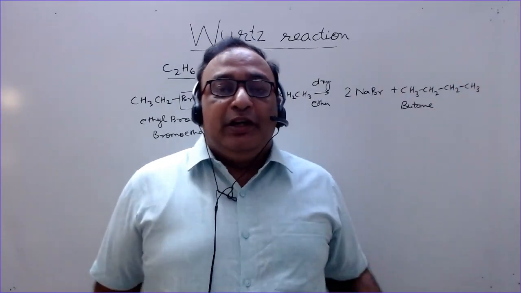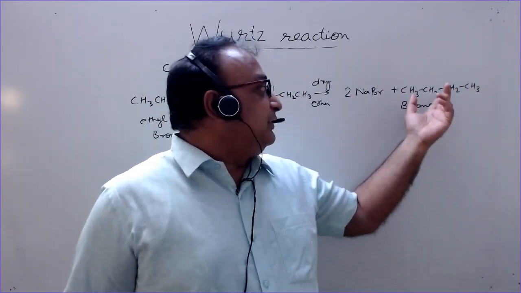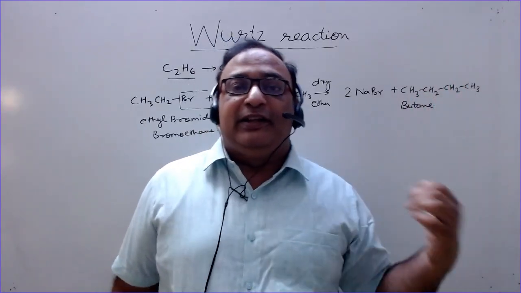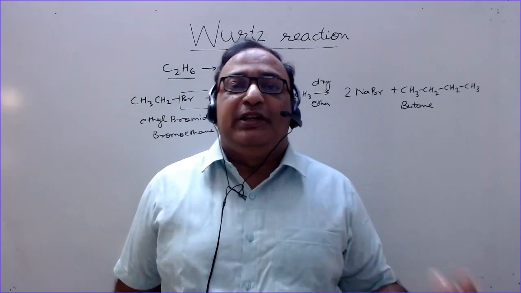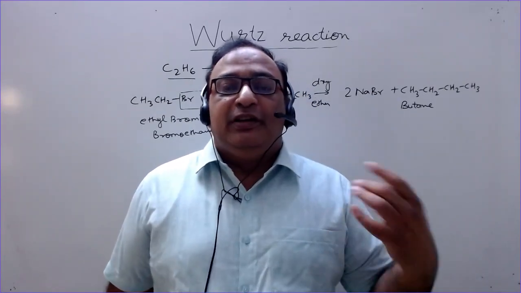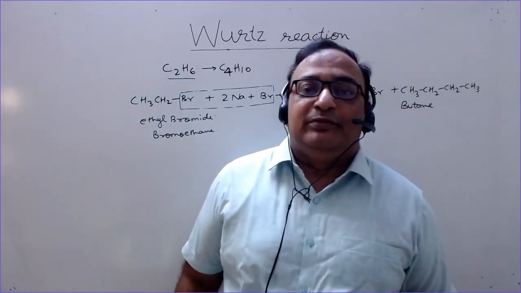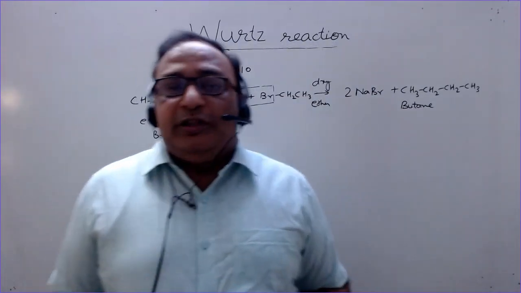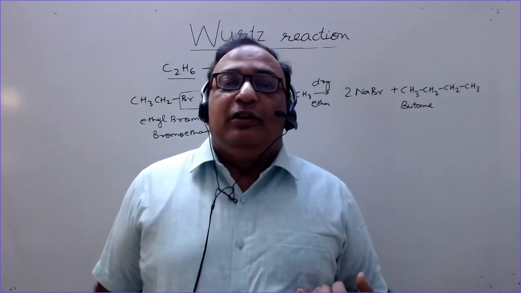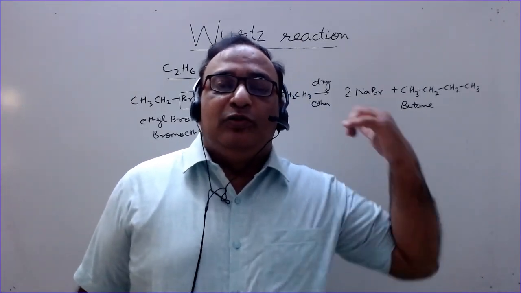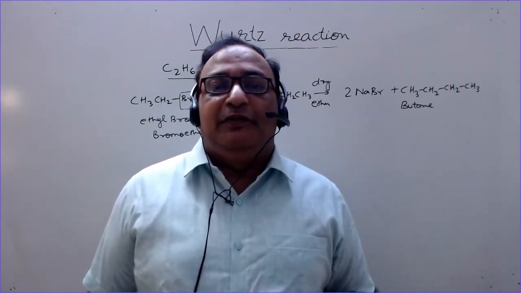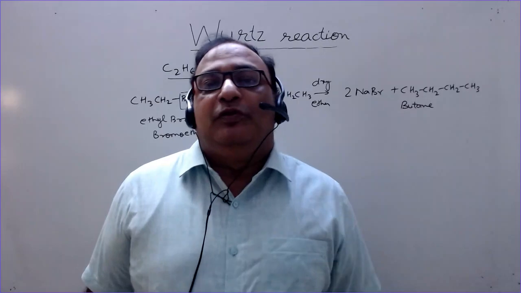If you take 2 molecules of bromobutane and react them with sodium in presence of dry ether, then we will get the hydrocarbon having 8 carbon atoms. So the question arises: why do we prefer to use the Wurtz reaction for making hydrocarbons having only an even number of carbon atoms?